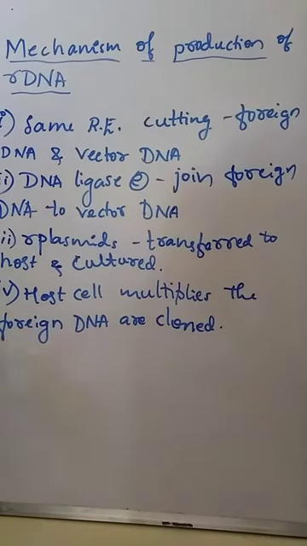Second, using DNA ligase enzyme, the foreign DNA is joined to the vector DNA. Third, recombinant plasmids are transferred to the particular host cell, and then it is cultured. Fourth, as the host cell multiplies, the foreign DNA is cloned. First, let us discuss these steps in detail one by one.